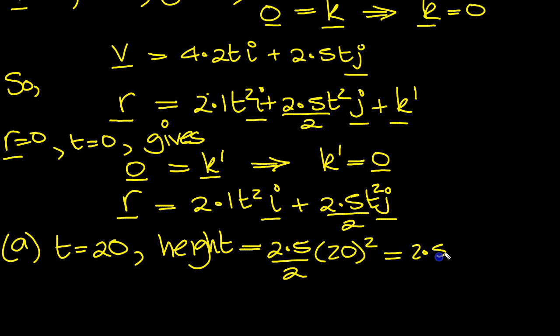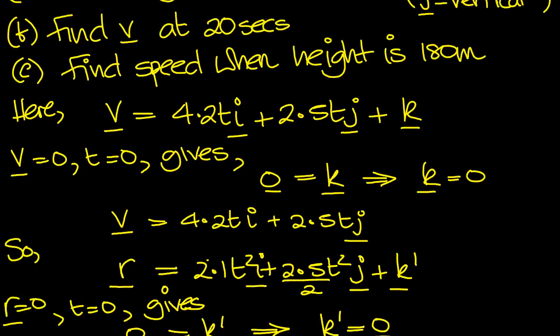So it's 2.5 times 200, which is 500. Tap it in the calculator if you need to. 500 meters. So that's the height.